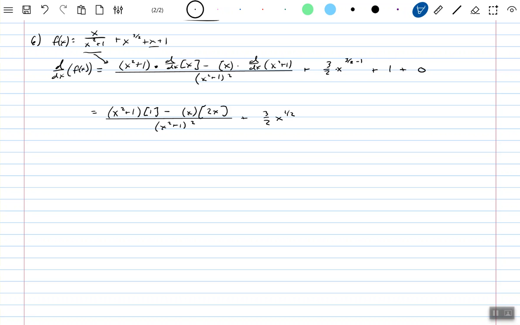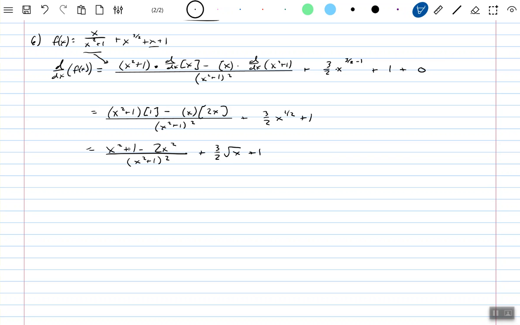Why? Because 3/2 minus 1 is 1/2, plus 1. And then one final simplification step. This is equal to x squared plus 1 minus 2x squared, divided by x squared plus 1 quantity squared, plus 3/2 square root of x plus 1.